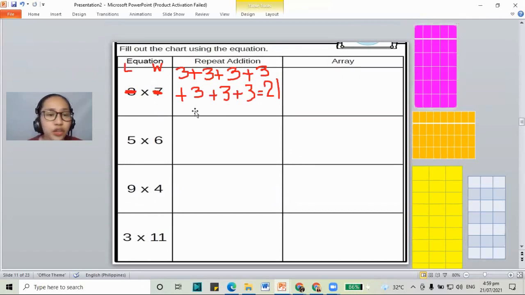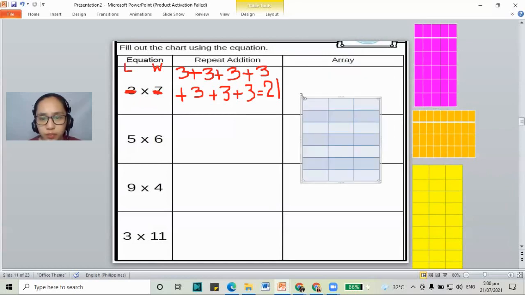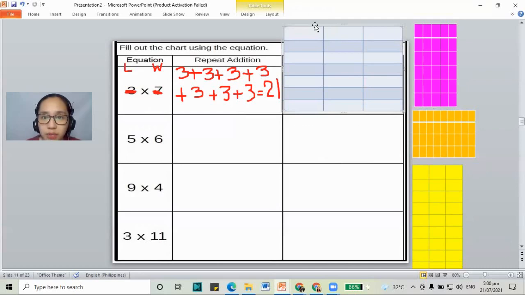Let's check. 3 rows at the top and 7 squares in a column. It should be this one. Let's fix to make it fit. So this is an example. There are 3 rows and 7 columns. That's an example of the arrays for 3 times 7.